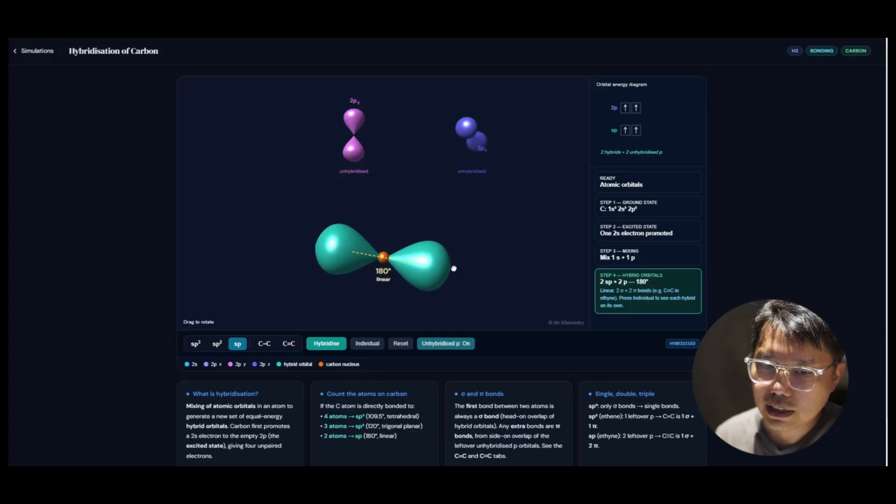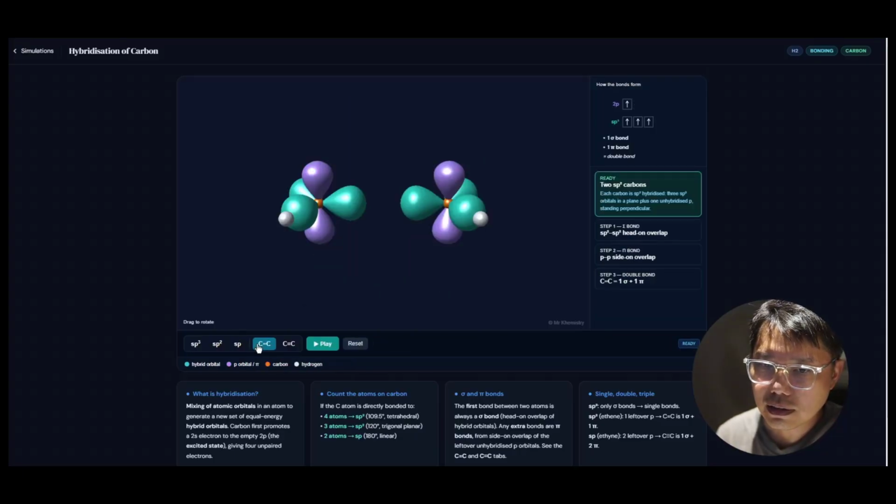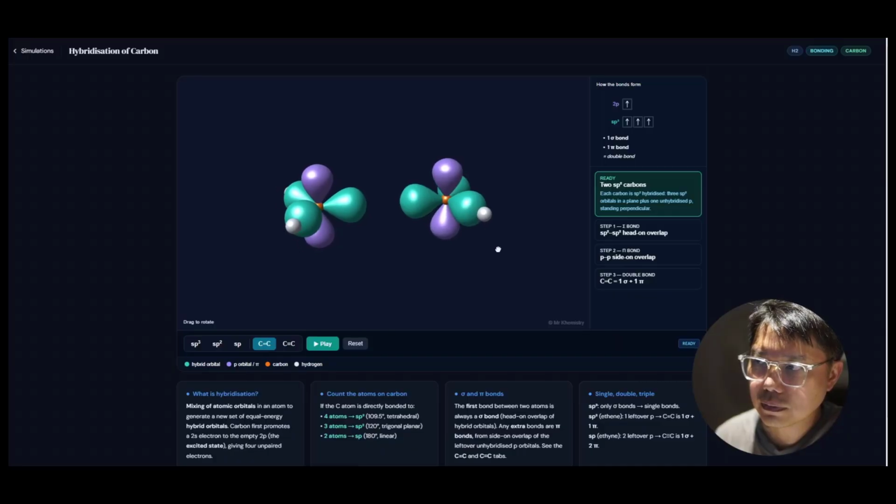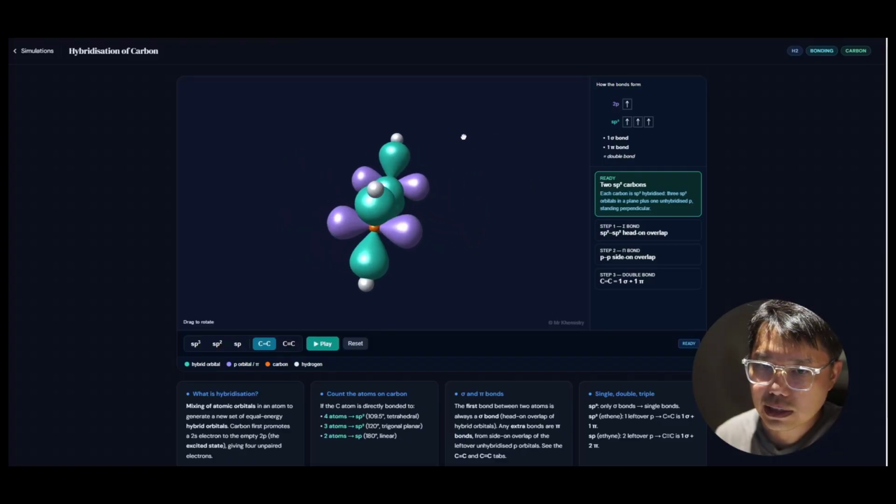All right, now let's look at how we're going to apply this hybrid orbital in an actual molecule. Let's take ethene. So you have your ethene. The white spheres are basically your hydrogen s orbitals, so they are slightly smaller.